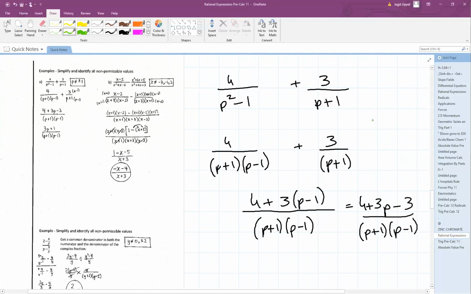Now, we can write the non-permissible for the bottom, where we have p cannot be minus 1 and p cannot be positive 1. And the top, we can simplify it. We have 3p, and 4 minus 3 is 1. And the bottom is just going to be p plus 1 times p minus 1.